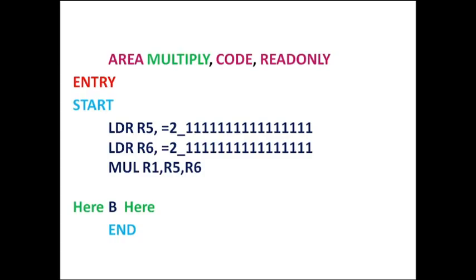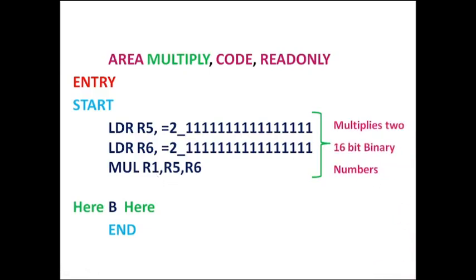Here I am feeding in a 16-bit binary number. If I convert this to hexadecimal, this will be FF. In a similar way, to the R6 register, I am loading the second 16-bit binary number, which is again FF. Next, I am multiplying this and the result will be available in the R1 register.